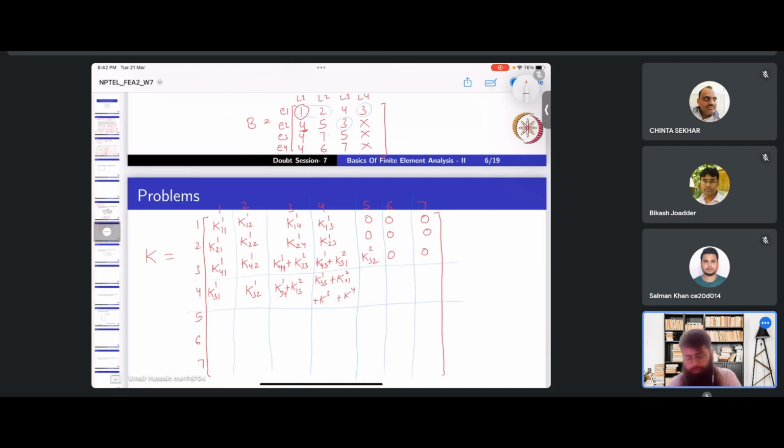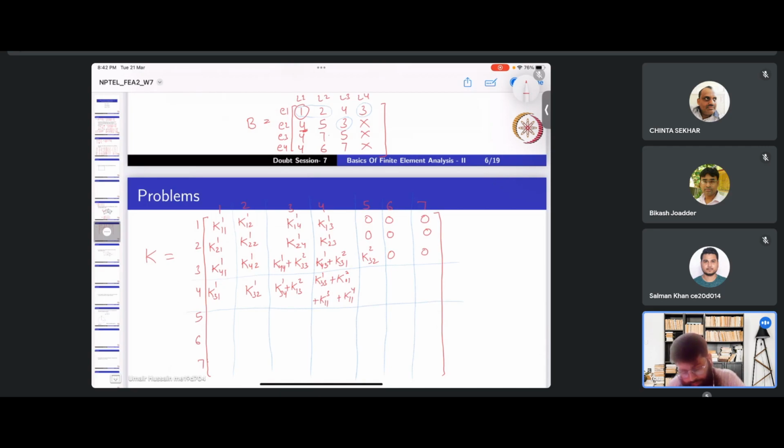So the global node 4 is also part of element 3, and again at element 3 it is at local node position 1, and similarly for element 4 it's local node 1. So we'll have 4 contributions for global node 4.